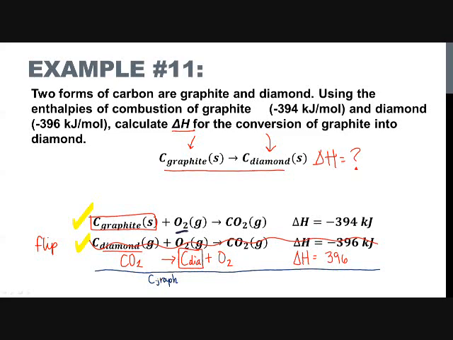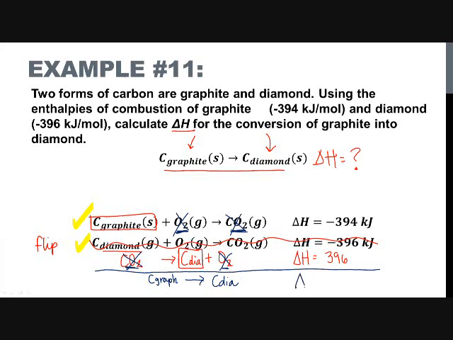I've got the O2 in the first reaction on the reactant side, and the O2 on the product side. They both have a coefficient of 1, so both of those can cancel out. Then the CO2 and the CO2, both coefficients of 1, those two can cancel out. We can get rid of all those. So the only thing left is our diamond, which is what needed to happen. So now we've got our overall reaction, what we needed.